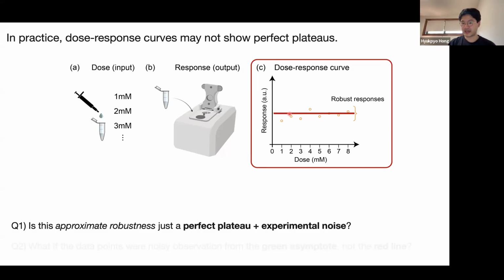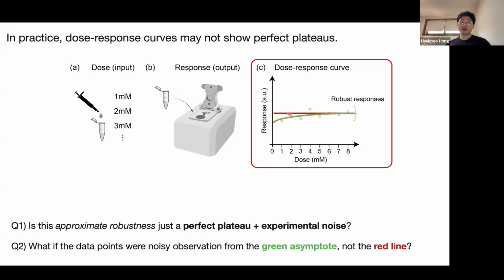It's a fair guess, but what if the data points are noisy observations from the green asymptote, not the red line? Imagine whenever we do an experiment, there will be noise, right? But if we add noise, then we can't be sure if the orange experimental data points were actually from the red curve or the green curve, because they are practically indistinguishable as long as we add additional noise to these two smooth curves.